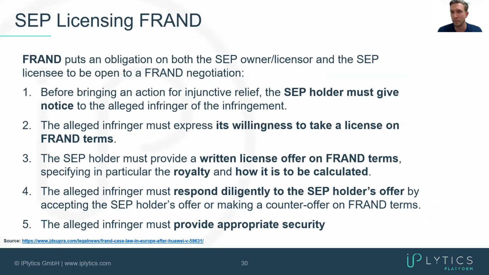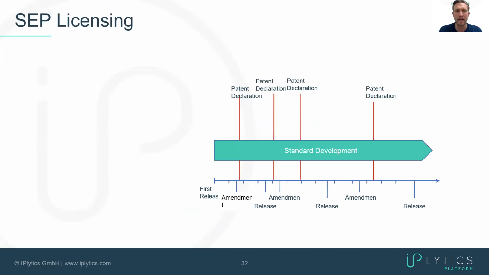Because ultimately, if someone is not accepting license terms and still using the patents, there is potential for injunctive relief. And there is here a definition of how they should behave. It goes a little bit more into the legal details, so I don't want to go into much detail here, but as I'm sharing the slides afterwards, I want you to have that in one slide. But let's talk about patent pools now.